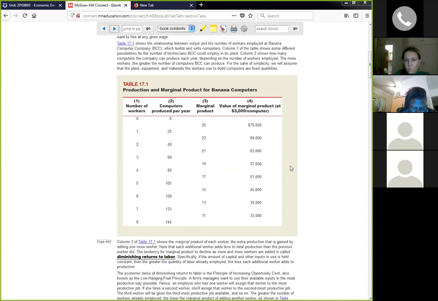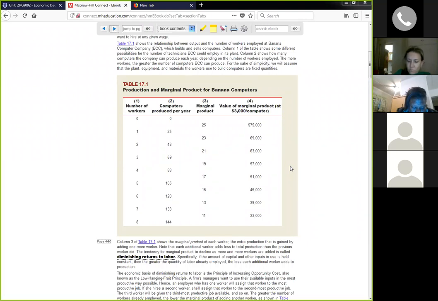So table 17.1 basically shows us marginal product, and the marginal product determines the demand curve for labor. You can see the demand for labor will increase up to that point when the marginal product equals its wage.